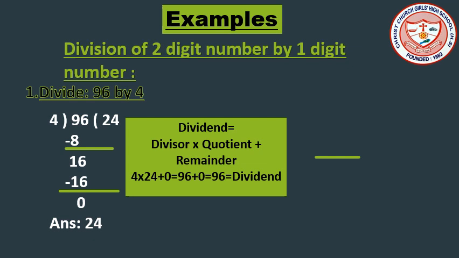So 4 into 24 plus 0. 24 into 4 equals 96. Now 96 plus 0 gives us 96 and that is the dividend over here. So we can say that the sum is correct.